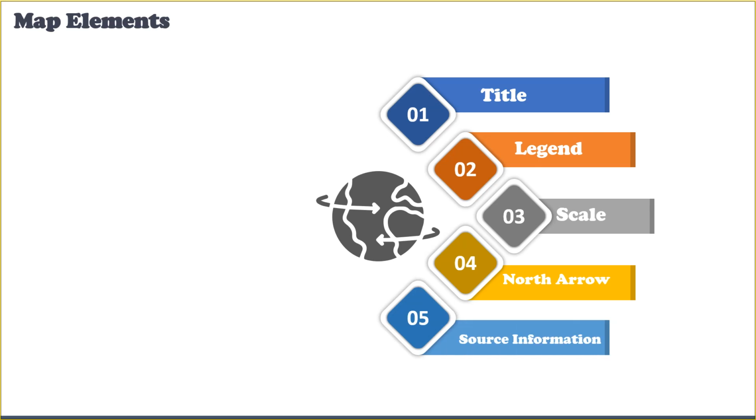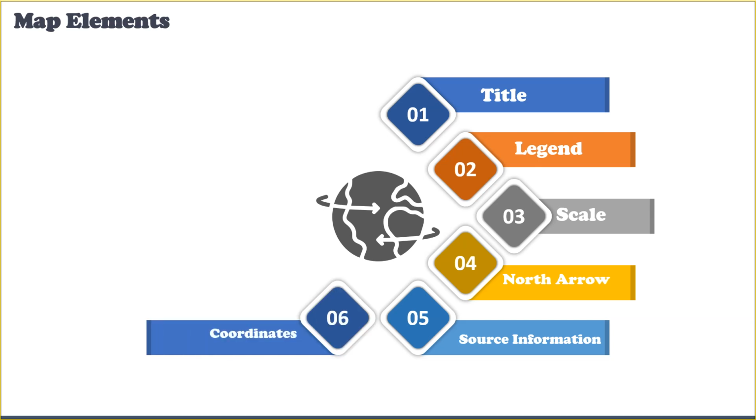Suppose you collect data from different sources, so you need to mention on your map where you collected the data. Okay. Sixth is the coordinates, because a map comes from a particular space. The entire world has been divided by coordinates, latitude and longitude. So you should put that on your maps.